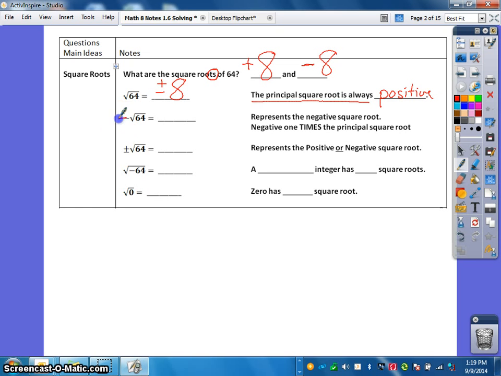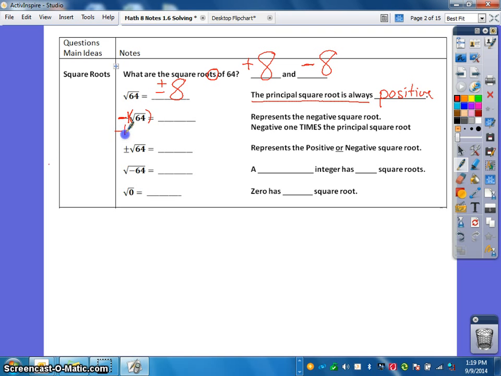Now here we have a negative on the outside. A negative, that's an assumed 1, and that means that's kind of like times that square root of 64. So now we'll use the principal: negative times the square root of 64 equals what? Well, what's the square root of 64? 8.